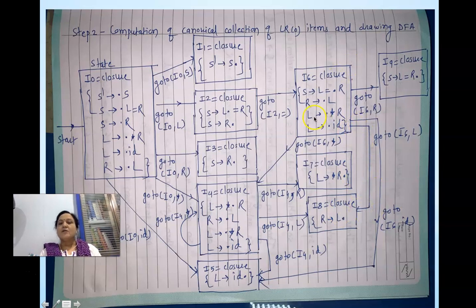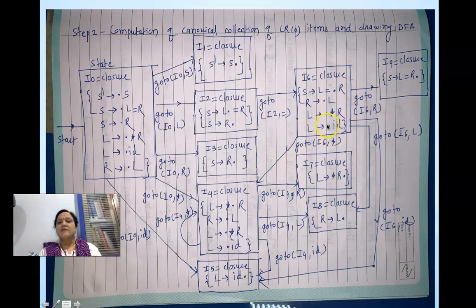Then I6 comma star. So L tends to star dot R, that we already have as I4. So I6 comma star is going to I4, because I4 is an already existing state.